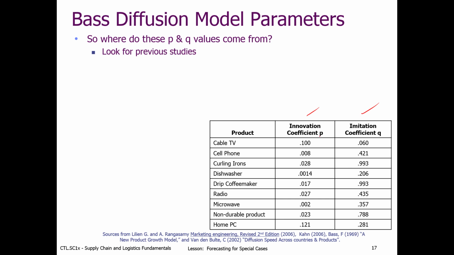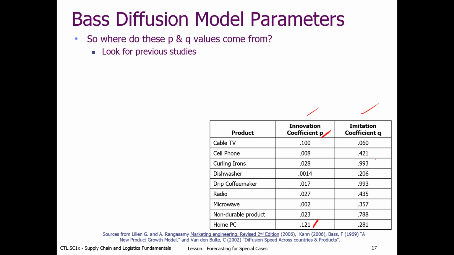So if I look at some of these, you get a sense of the type of product that's being introduced. A high P means you're going to have a lot of innovators, a lot of first movers, early adopters. Look at the home PC, which has the highest value for P of all these different items, and that's saying that you're going to get a lot of early innovators, a lot of early adopters.